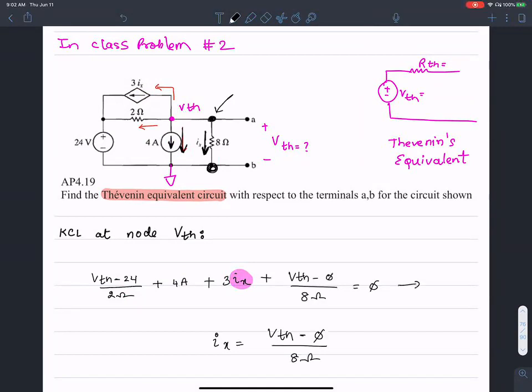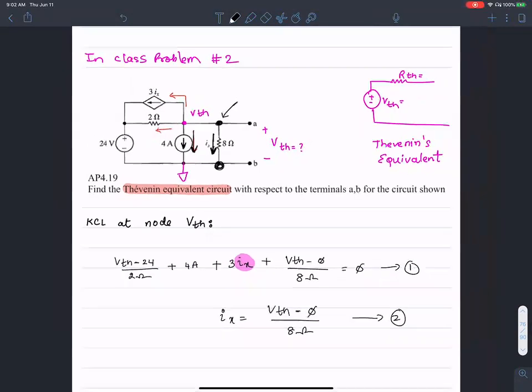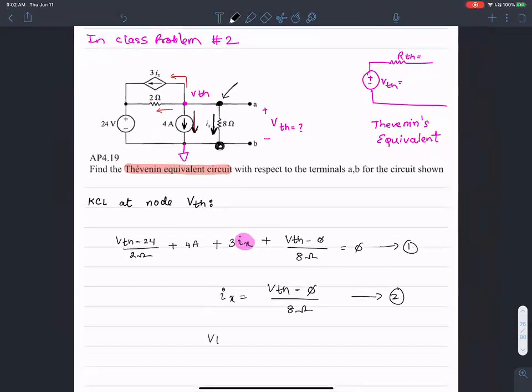Two equations, two unknowns, we can jolly well solve this problem. This is going to give me a value of VTH equals 8 volts.